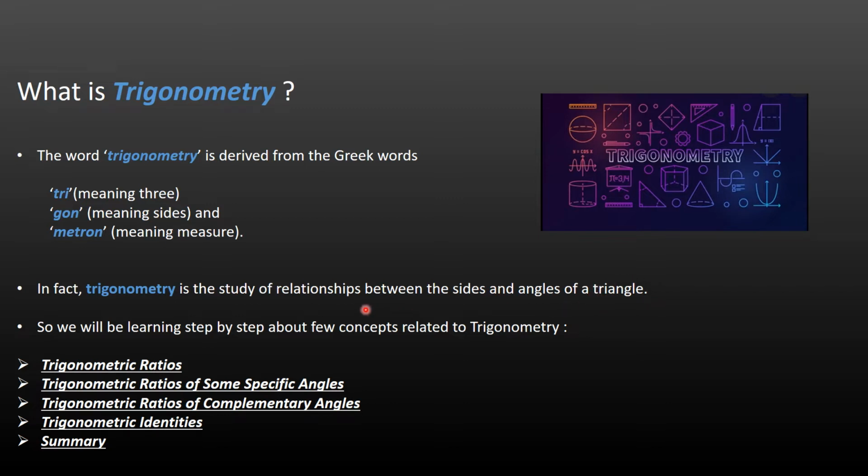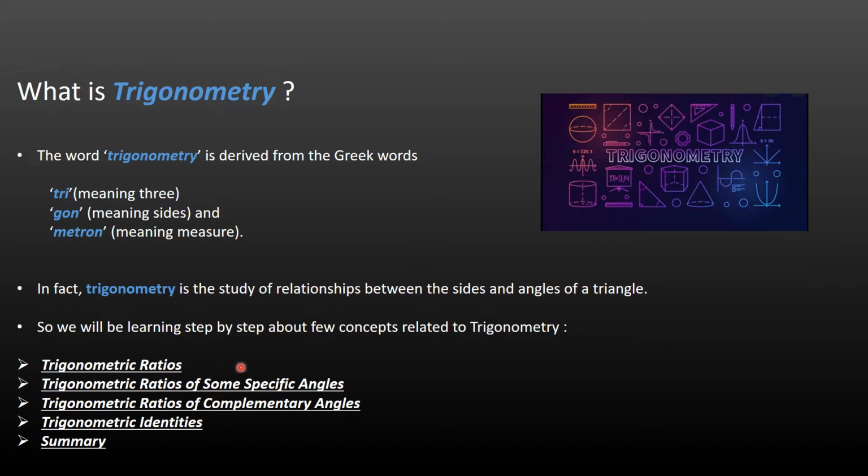And as a part of this course, or the chapter, we would learn the concepts called trigonometric ratios and trigonometric ratios of some specific angles, which are basically 0, 30, 60, 90, 45, and then trigonometric ratios of complementary angles, trigonometric identities, and then there would be a lecture on the summary, which would summarize all the concepts learned so far in this chapter.